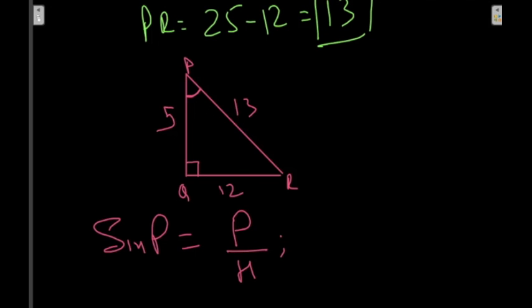If this is P, then this is the perpendicular. And what is the value? It is 12. And then this is the hypotenuse, right? And what is the hypotenuse? It is 13. So sine of P is 12 over 13.